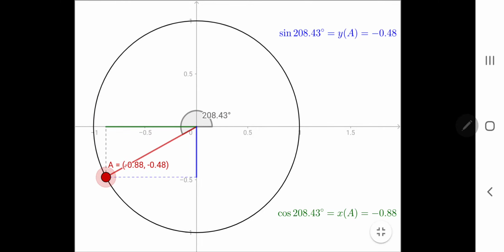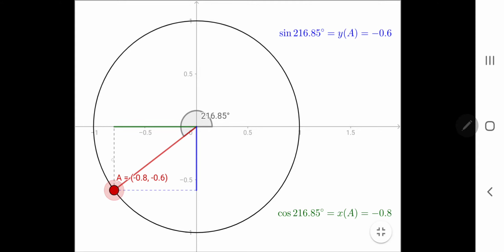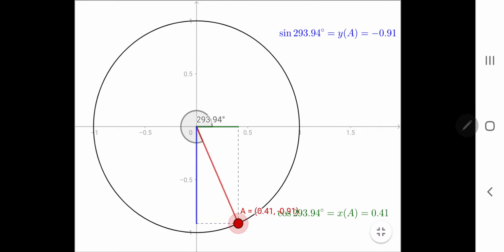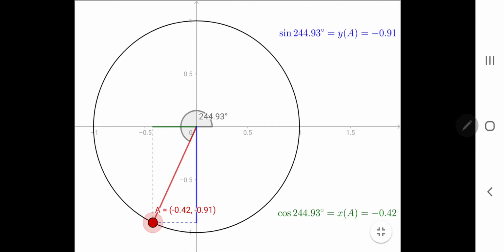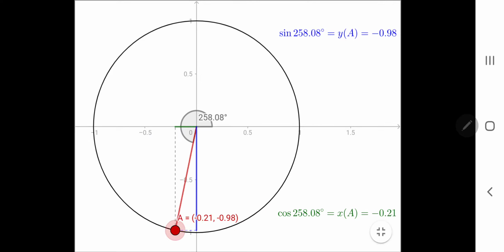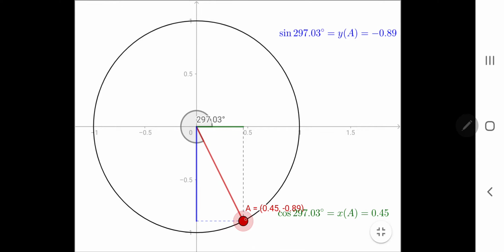In this quadrant, sine is positive and cosine is negative. When we get down to here, the triangle flips again. The right angle's here, the triangle's now down here. Sine is negative, cosine is negative, and theta is now 243 degrees. When we swing all around to here, the triangle flips again. I'll rock it back and forth a little bit: the right angle's on the left, now the right angle's on the right.